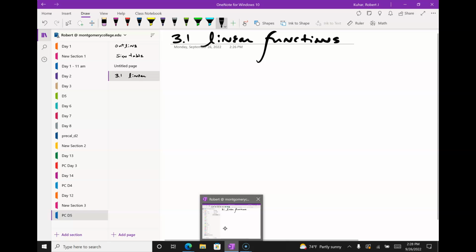So we're going to start with our standard form, which we almost never use, ax plus by equals c. You'll see it sometimes in some textbooks, but we should be able to convert any form into any other form.